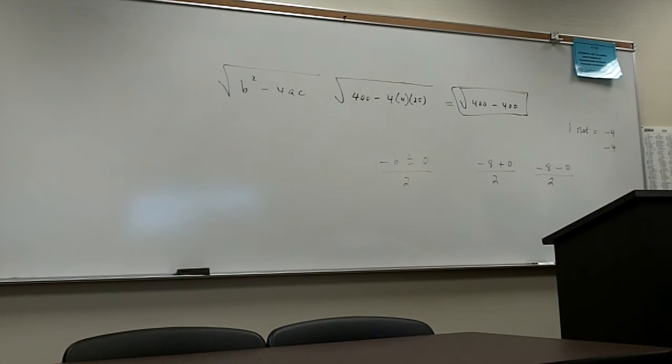So your choices now are two rational solutions or two irrational solutions. Two rational, because it's 25, and so it's 5 and negative 5. 5 and negative 5 is the answer? Yeah.